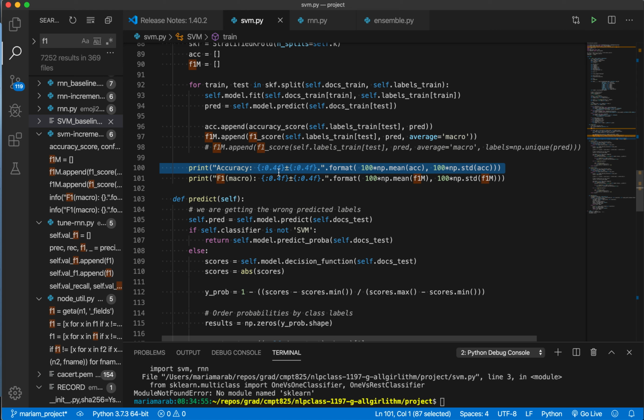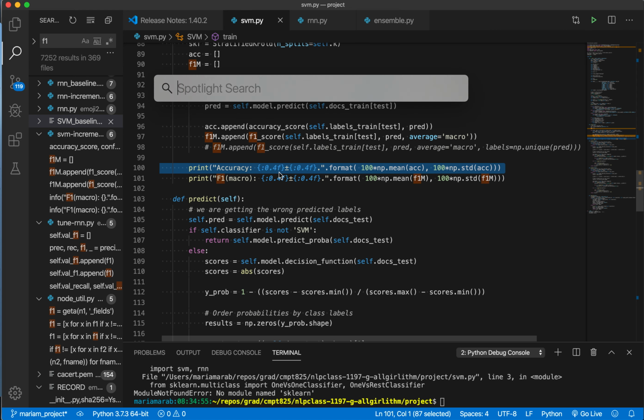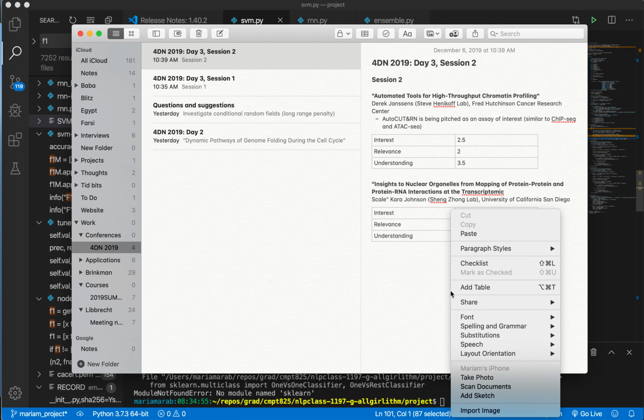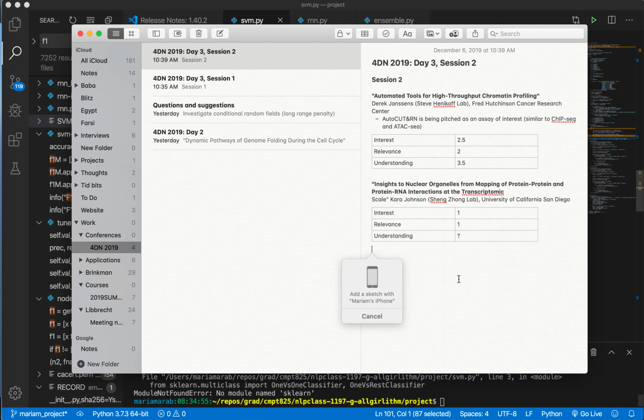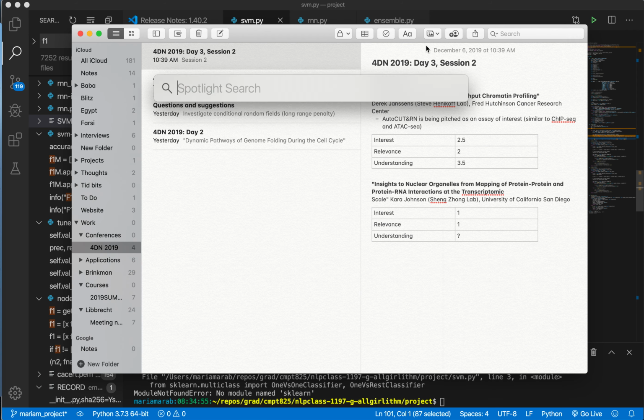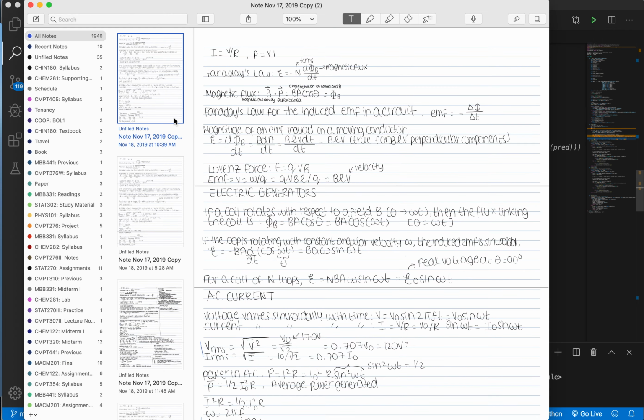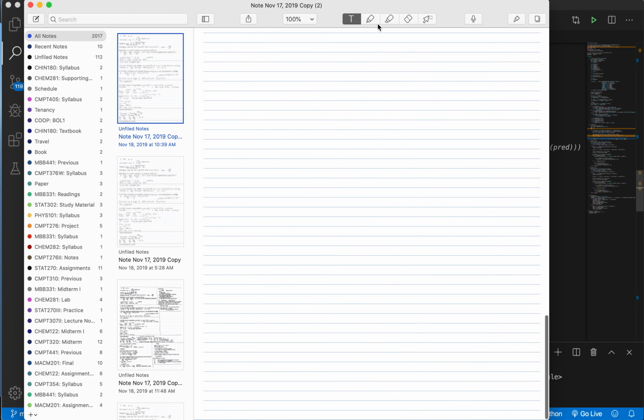I think optimally we want to try to do this. Let me see where I can draw something. Can I draw here? Okay, ideally this is what we want.